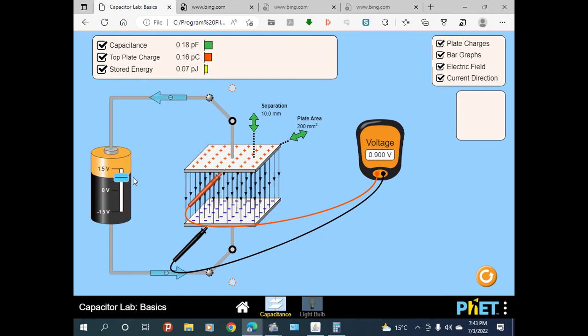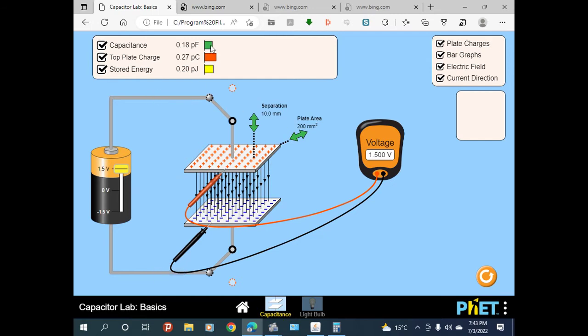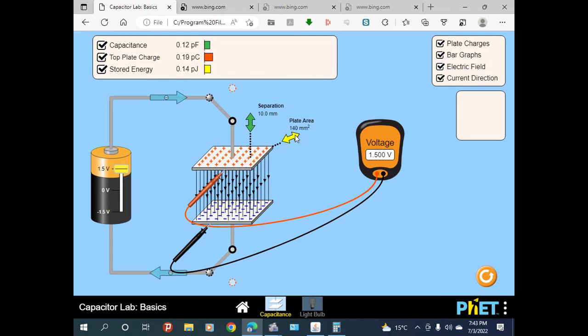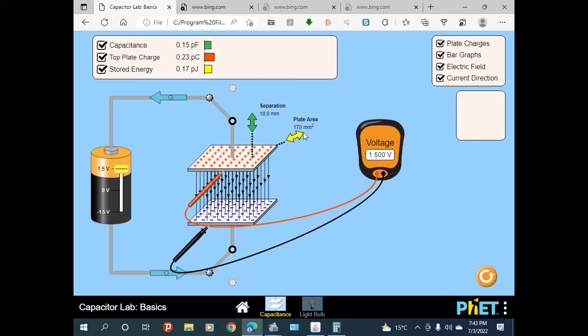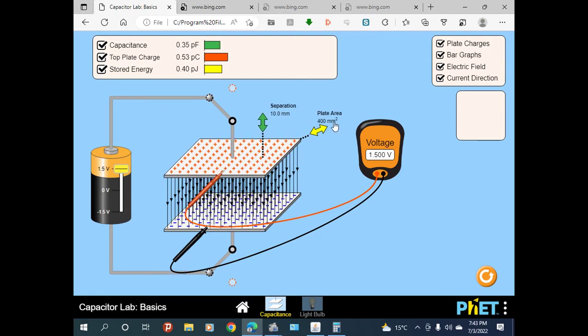The capacitance of a capacitor depends on the plate area. When the plate area decreases, the capacitance of the capacitor decreases. When increasing the plate area, the capacitance of a capacitor increases, which means the capacitance is directly proportional to the plate area.